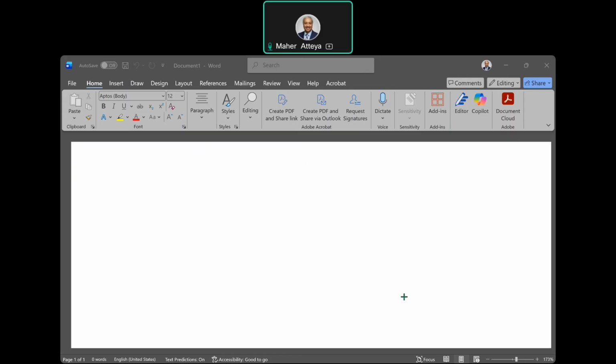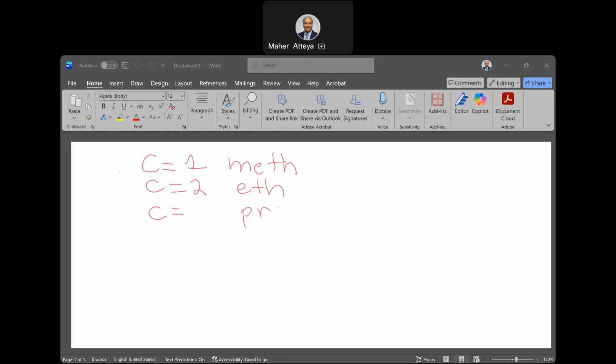So if I have a carbon, carbon 1 is meth. If it's a functional group, it will be methyl, we add YL. Carbon 2 is eth. Carbon 3 is prop. Carbon 4 is but.